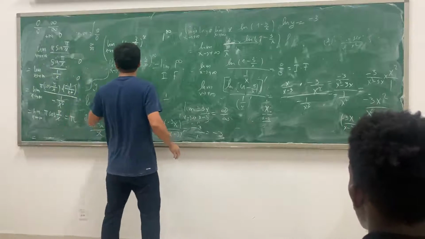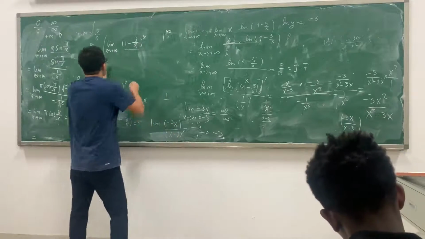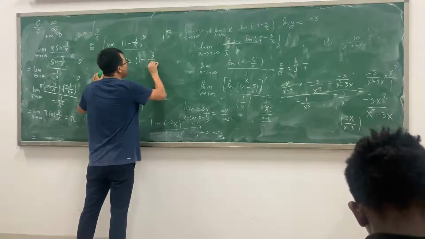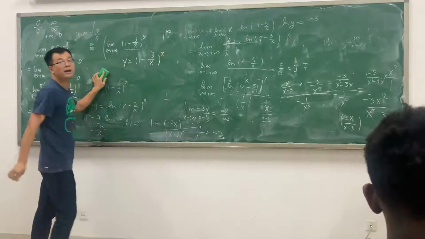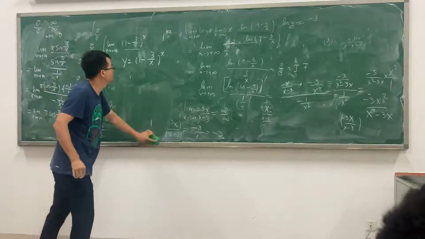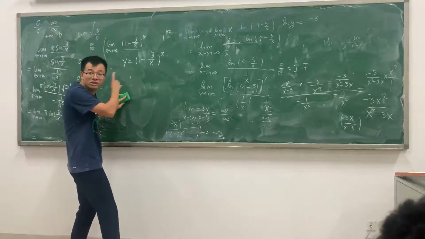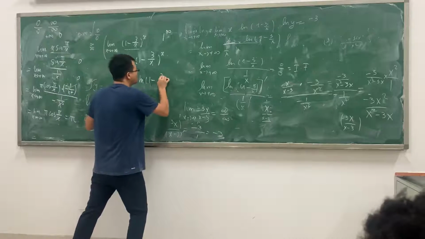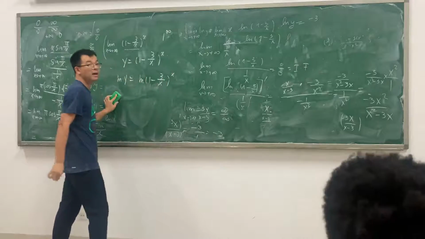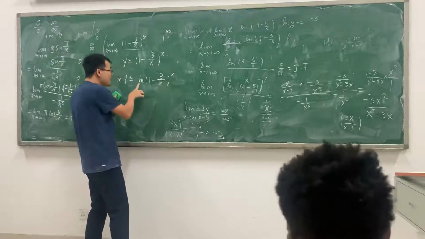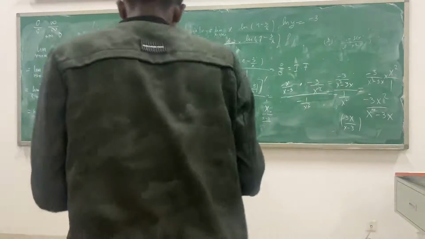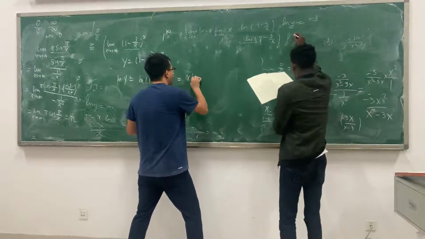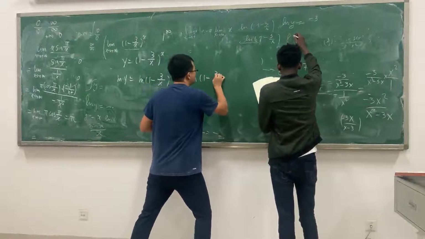So here we can see, first we let y equal to 1 minus 3 by x to the power x. Then take ln on both sides. So ln y equals ln of 1 minus 3 by x to the power x. This x we can take out, so it equals x times ln of 1 minus 3 by x.